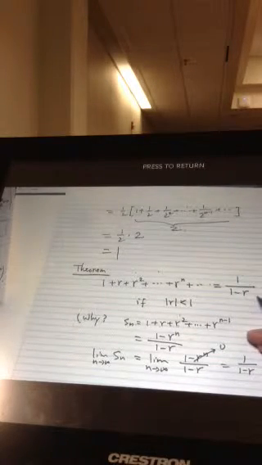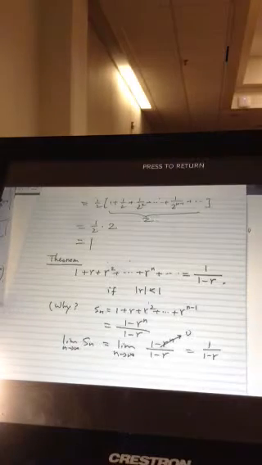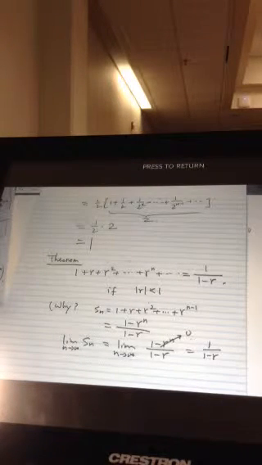So this is 1 over 1 minus r. This is what I wrote down here, and it is only true if the absolute value of r is less than 1. Okay?